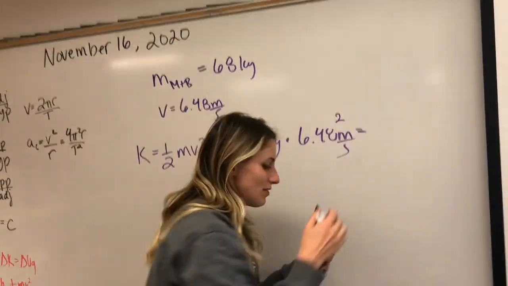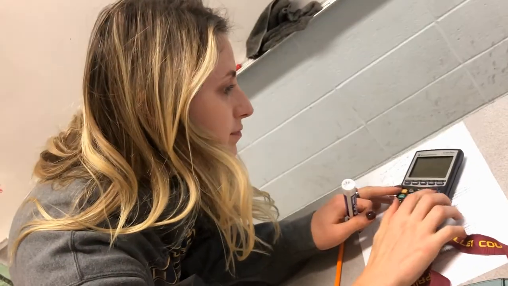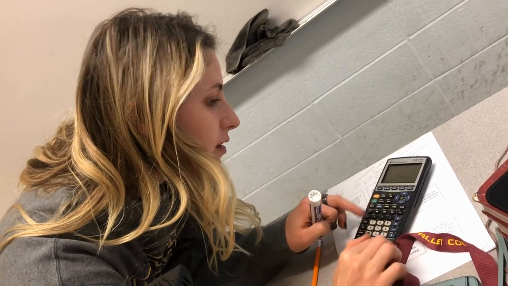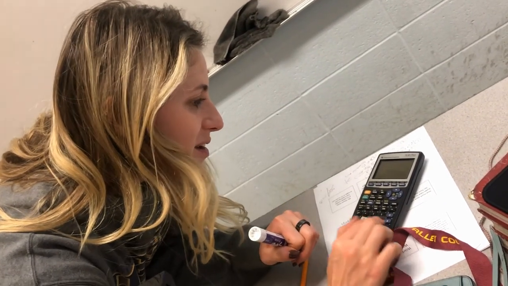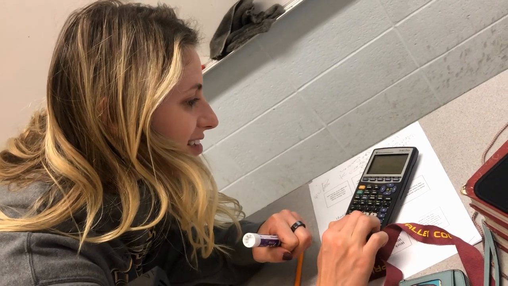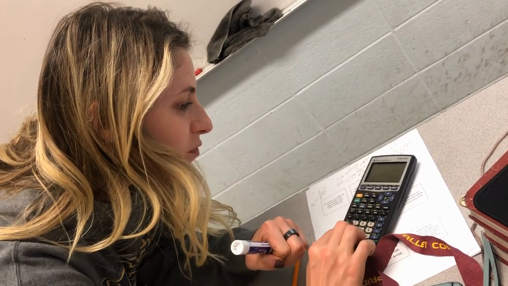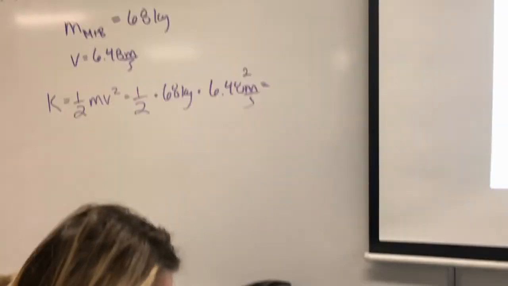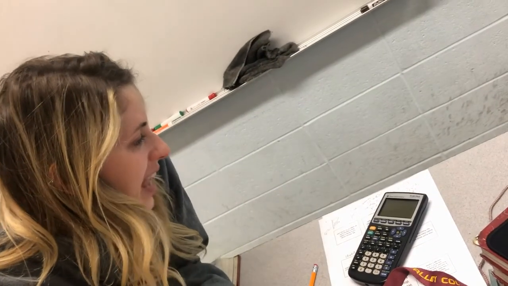Boys and girls are screaming at the monitor here, I know, telling you, square it. Miss Moore, don't forget to square it. 68 times 6.48 squared, and that gives me 7.8.